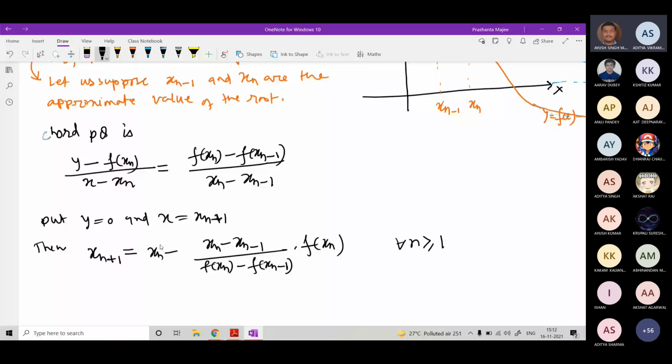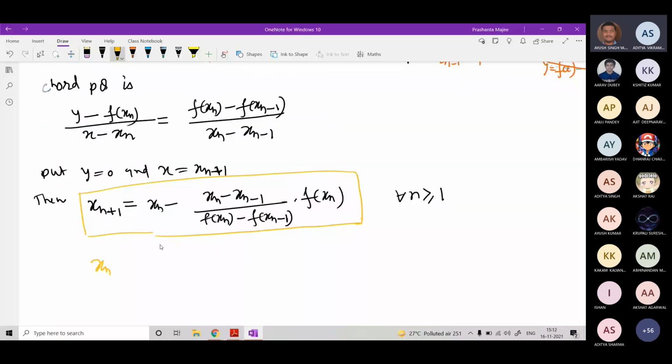Now you can simplify it again. If you do the subtraction, it will give you another compact form. Tell me what is that? Xn plus 1 equals, do the subtraction and tell me.